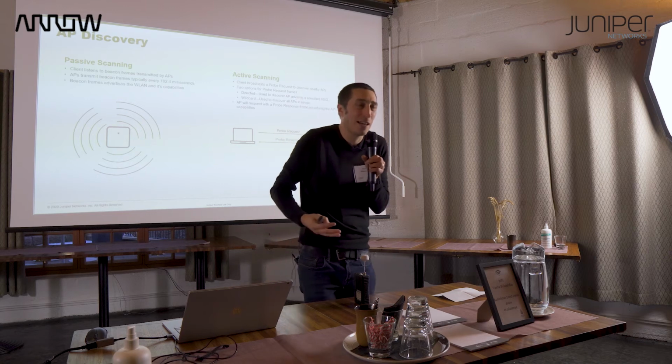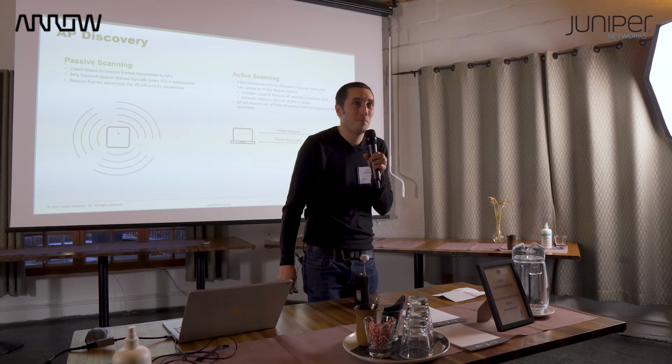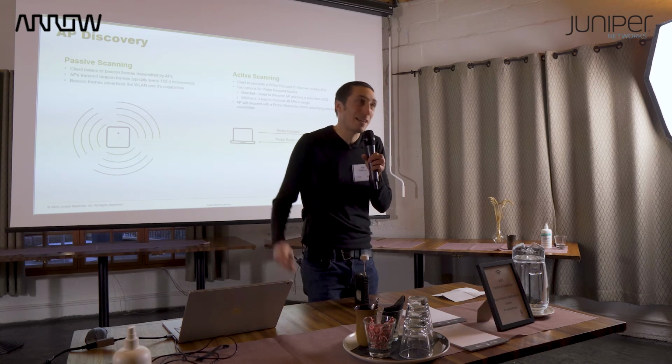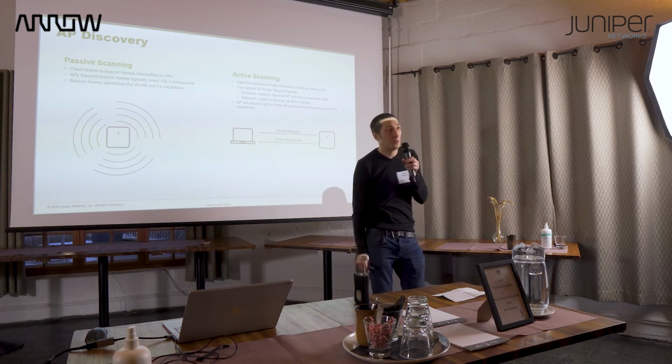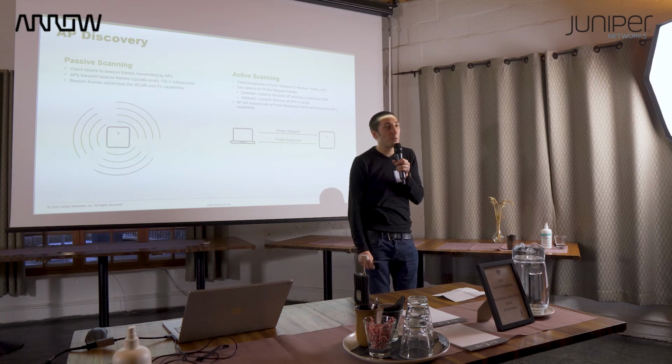And then the client has to decide, well, who do I connect to? What do you think I pick? Let's say I've discovered 5 access points. Which one do I connect to? Anyone? Flip a coin? How do I do it?